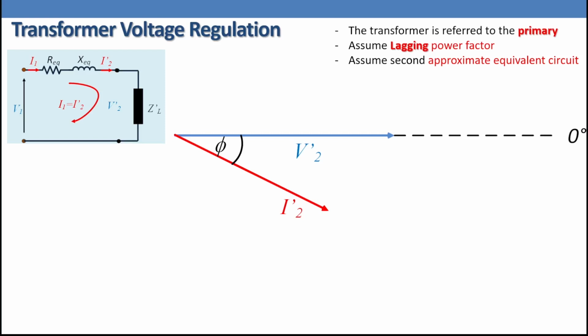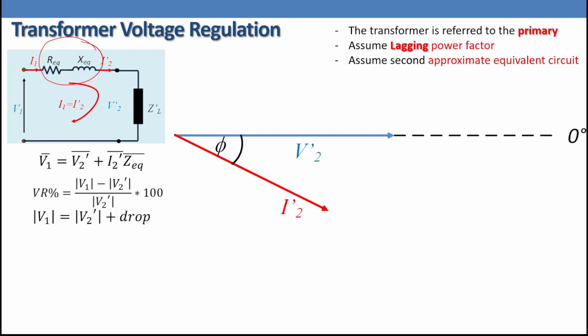So we are going to apply Kirchhoff voltage law where V1 equals V2 dash plus I2 dash Z equivalent. If we succeed by any means to calculate V1 and V2 dash, we can calculate the voltage regulation, where the voltage regulation equals the magnitude of V1 minus the magnitude of V2 dash over V2 dash multiplied by 100. So this impedance R equivalent plus jX equivalent represents the transformer impedance, which causes the voltage drop.